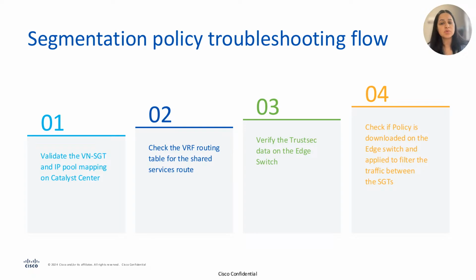So that is an important step to verify as well: if endpoints are getting the correct IP address and SGTs, or are they getting the IPs from any default policy. Because there could be an issue where a user got the IP from, let's say, some 10.10.0.0 subnet and an SGT of color green. However, the correct IP pool for that user should have been the 172.16 subnet with some other SGT color, maybe yellow. That is something we need to check when we are doing any kind of policy troubleshooting in our SDA environment.